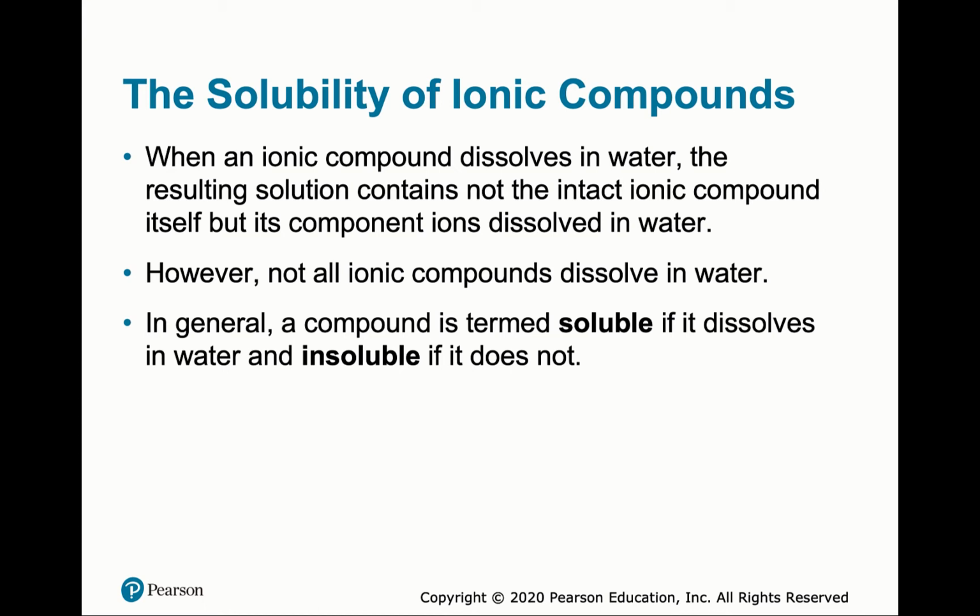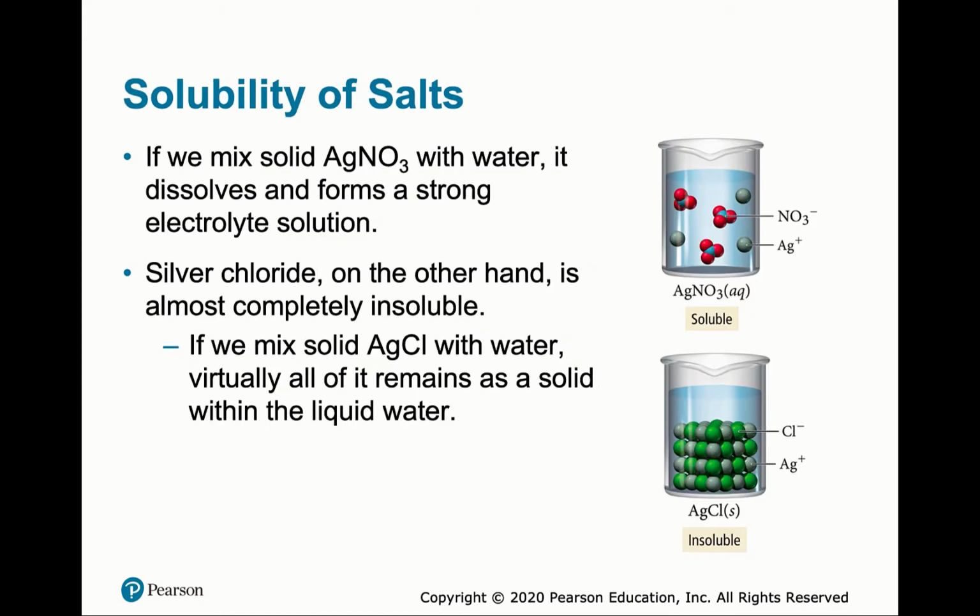So that's the general rule. You're going to see the soluble materials tend to have one or more of the ions be low in charge. So for instance, if we mix silver nitrate in water, it dissolves.